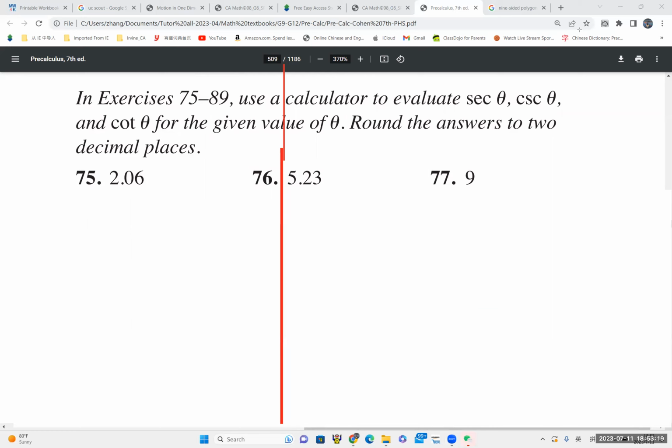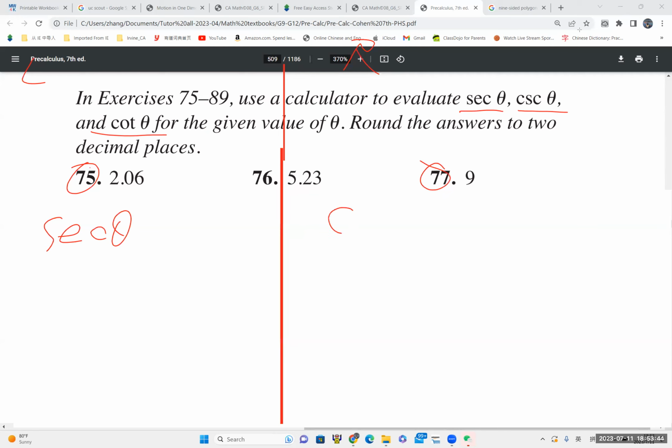Do we do all three of them? No, this one for Neo, this one for Ray. Evaluate, three of them. How about you just do one of them? For example, Neo does secant theta.